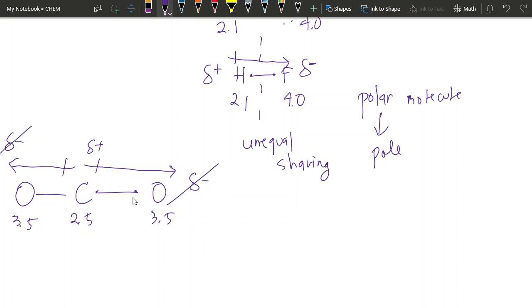So overall, there is no net charge because it will be canceled, since we have the same charge in opposite directions. So there's no separation of charge here. So overall, CO2 will be a non-polar molecule. So that's a polar molecule and a non-polar molecule.